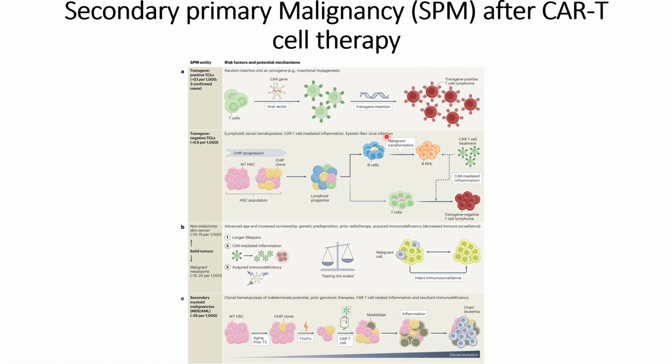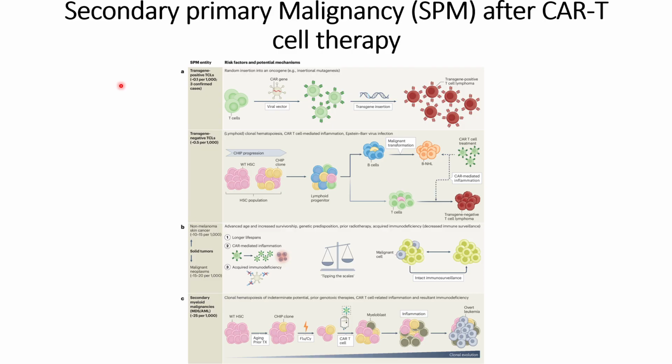Because of some malignant transformations, this might lead to the formation of the transgene-negative T cell lymphoma. Those that are not malignant are helped by the CAR T cell treatment in the diagnosis, and those where malignant transformations occur will lead to T cell lymphoma formation, which will cause a side effect.